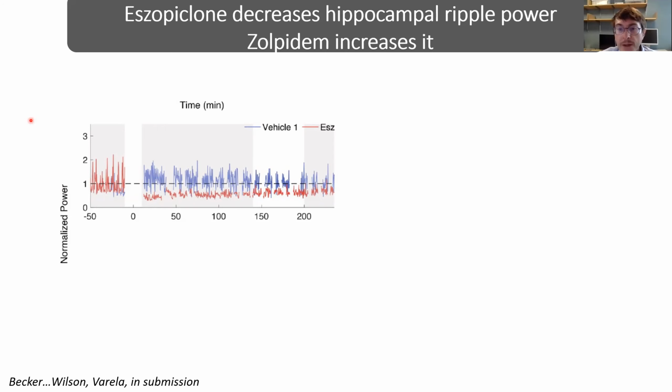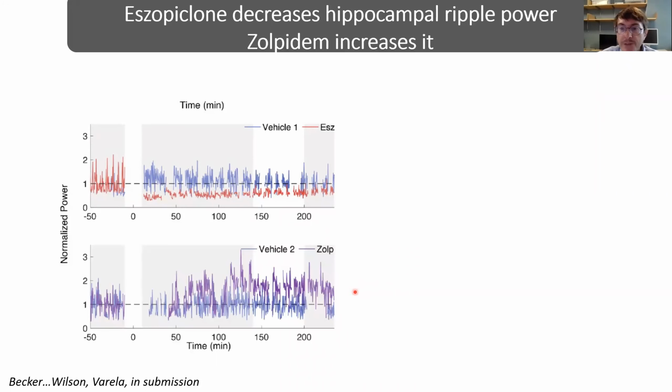What they found in the rodents, and here we're looking at the hippocampal recording with a vehicle and eszopiclone in the ripple band. On the bottom, the x-axis is time in minutes. So you're giving the vehicle or eszopiclone and looking at the ripple power. And what you find is that eszopiclone actually decreases the ripple band power, so probably inhibiting ripples. However, if you look at zolpidem, another agent, you can see that it increases the ripple band power.